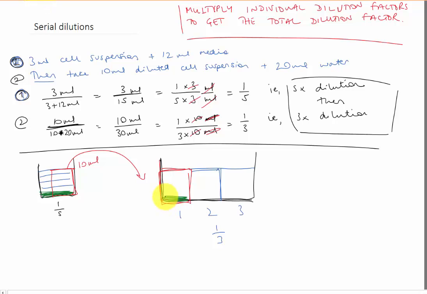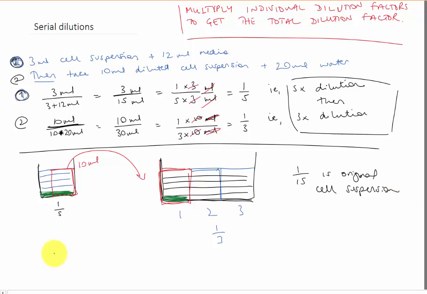And so then if we divide up this whole thing, that's 1, 2, 3, 4, 5, 6, 7, 8, 9, 10, 11, 12, 13, 14, 15. So that's 1 out of every 15 parts of the final solution is the original cell suspension.